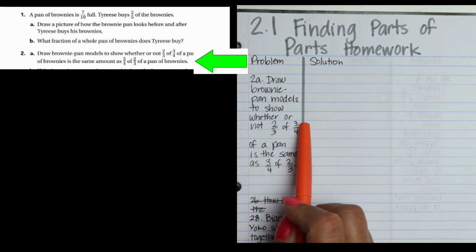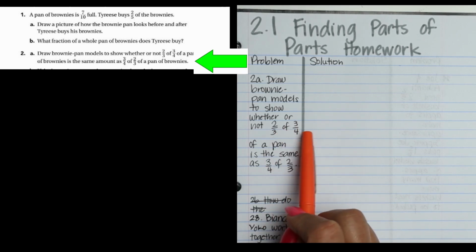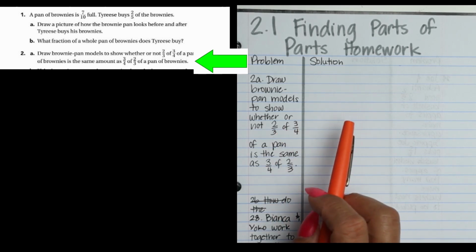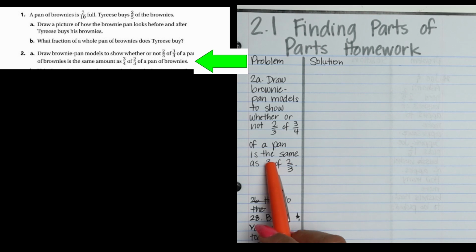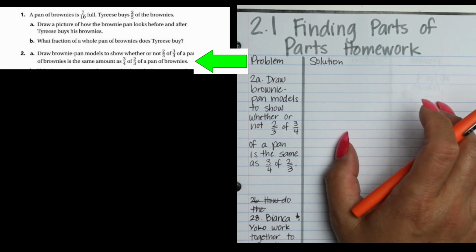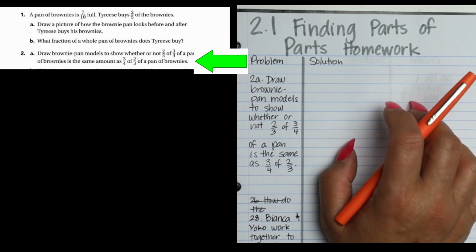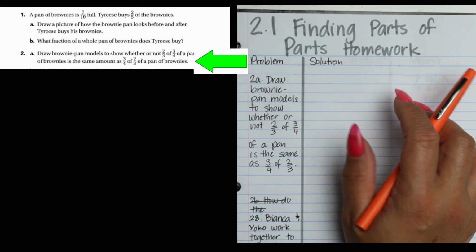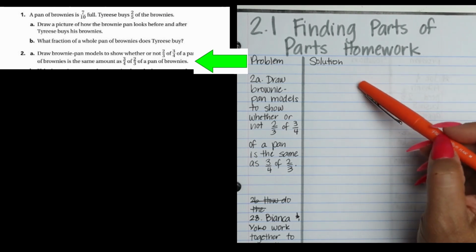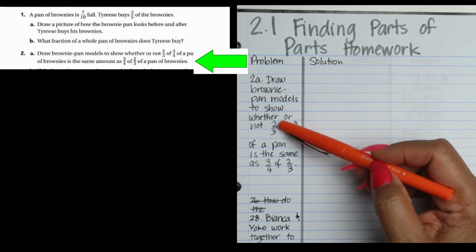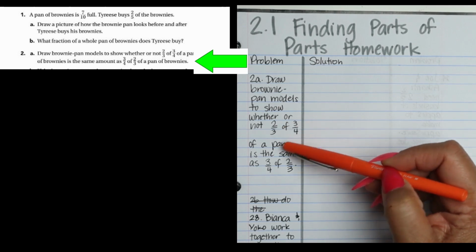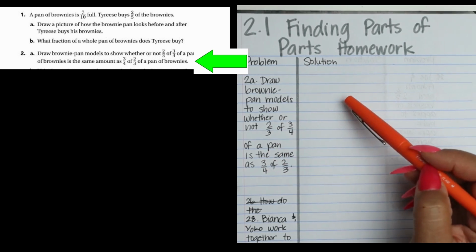So 2 times 3 is 6, and 3 times 4 is 12, 6/12. That's 1/2. Same thing, multiply it. It's the same product, it's the same answer. But we need to draw brownie pans to represent that. So all you're doing is showing how or if 2/3 of 3/4 and 3/4 of 2/3 are equal.